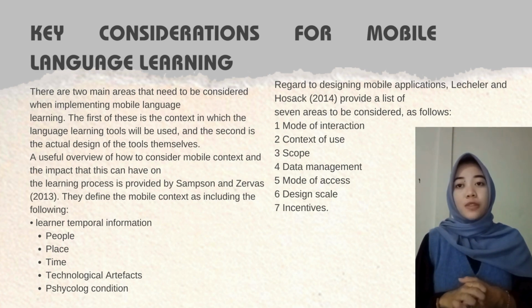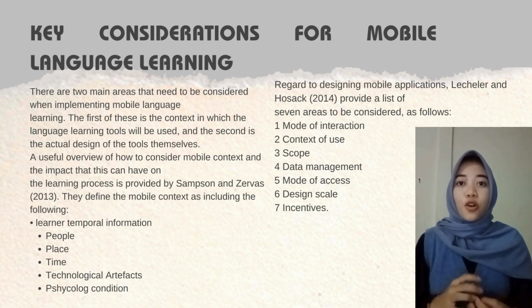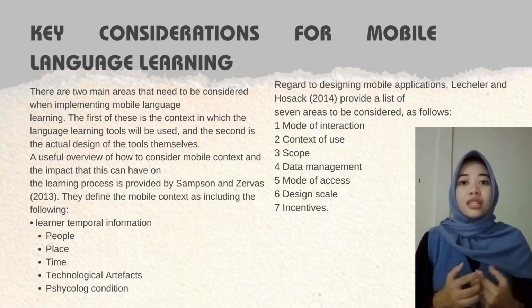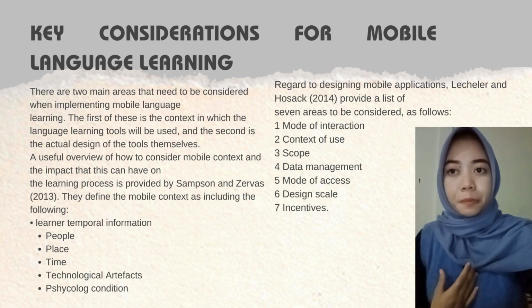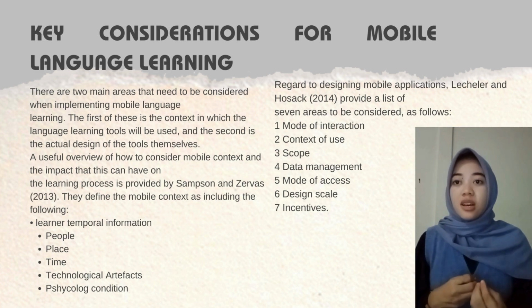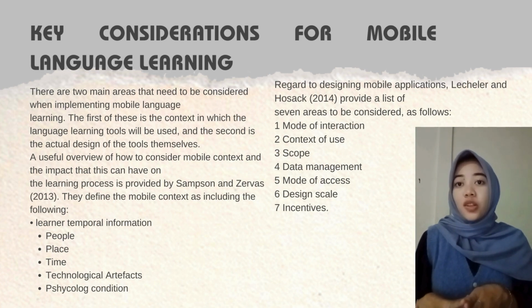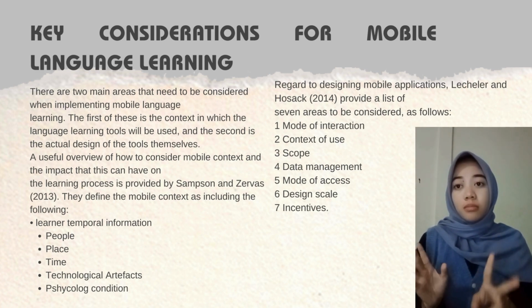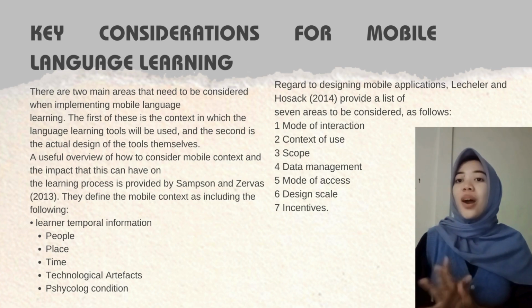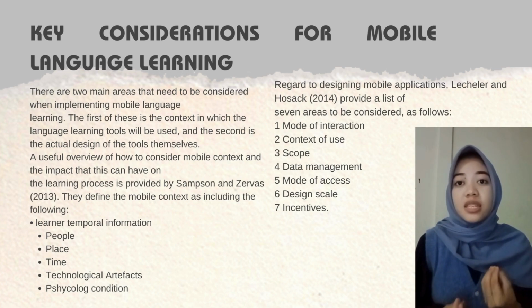The first is learner, or temporal information, their current state of mind and how this impacts learners' willingness to participate in the learning process. And the second is people, how other people influence the learning process.